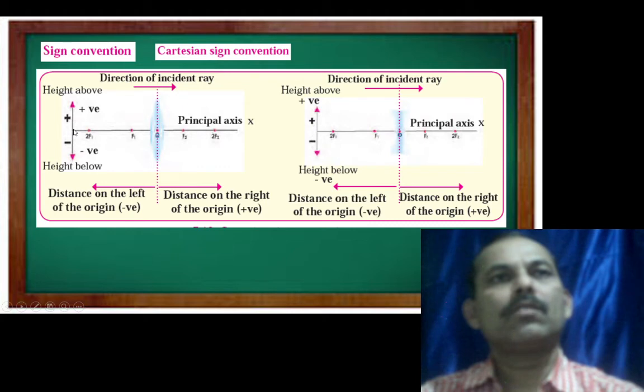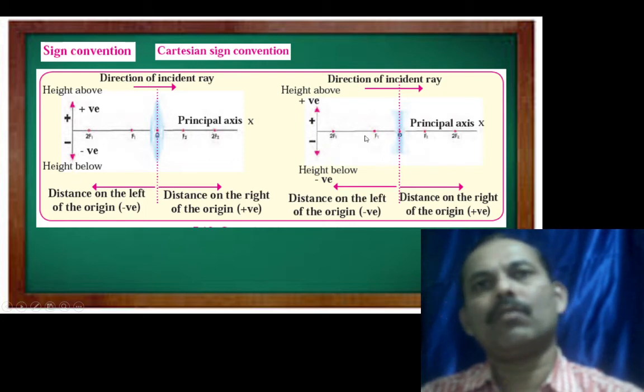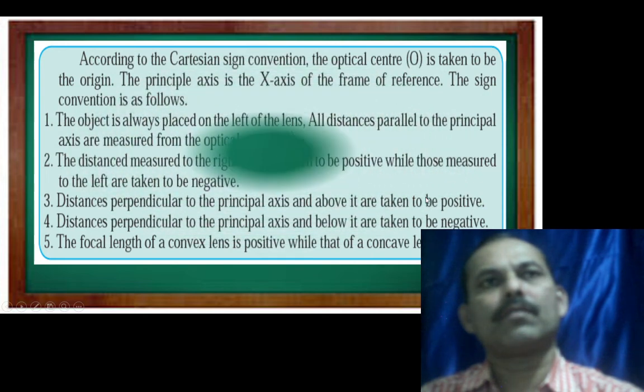A distance on the upward side is positive, and downward, that is below, is negative. So these are the different conventions. We will see the details about these sign conventions.